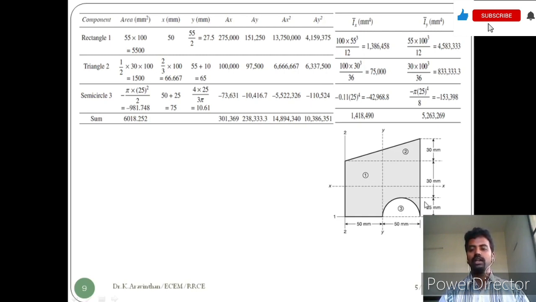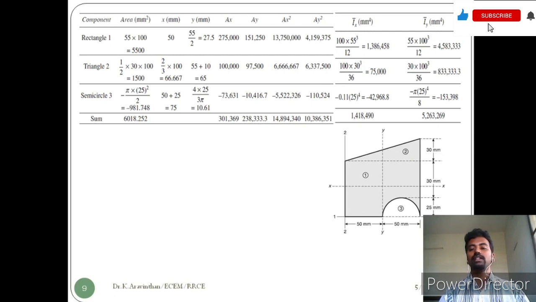For the first component, the total distance for this rectangle is 55, so 55 by 2, that is 27.5. For the second component, from the bottom of the right angle triangle, the centroid will act at 1/3 of the height.